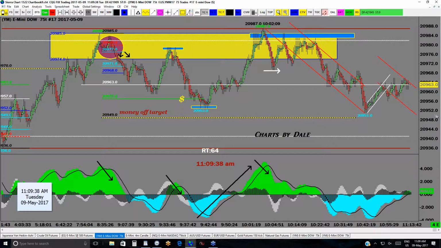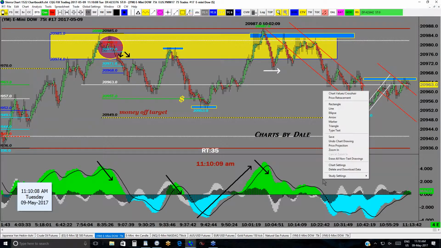Good possibility we get a move to the downside here off of that resistance area. The 963, put a rectangle on here, and you have a slight double top resistance area coming in right here. If the market cannot take that out, you must get your long positions locked in.